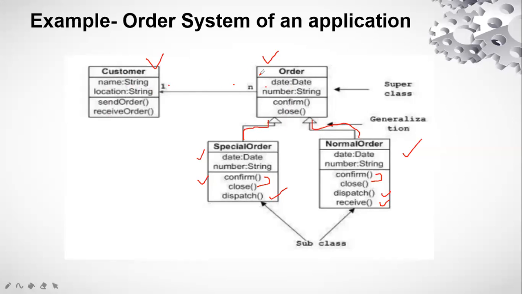One customer can have many orders, n number of orders to be placed. So this is how we are going to define the order system application, and this is how we are going to define the class diagram. So that's all for this section, and thank you.